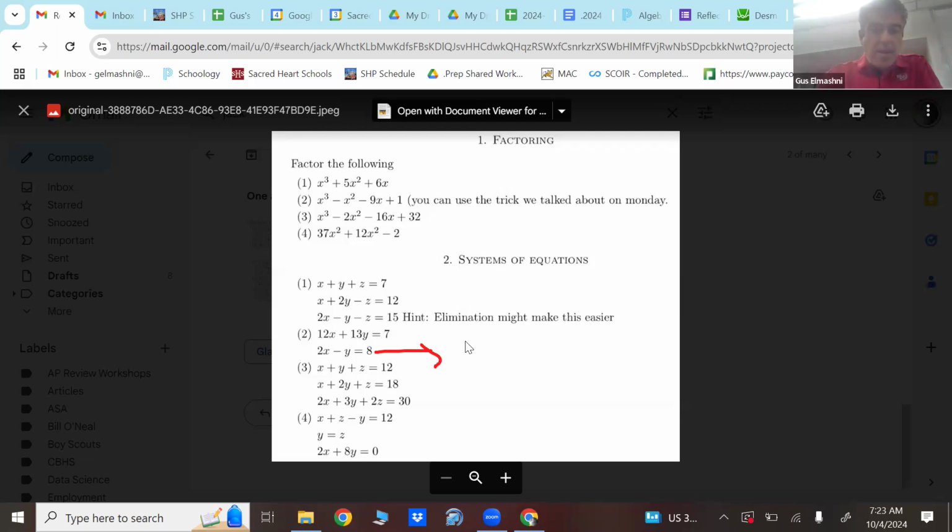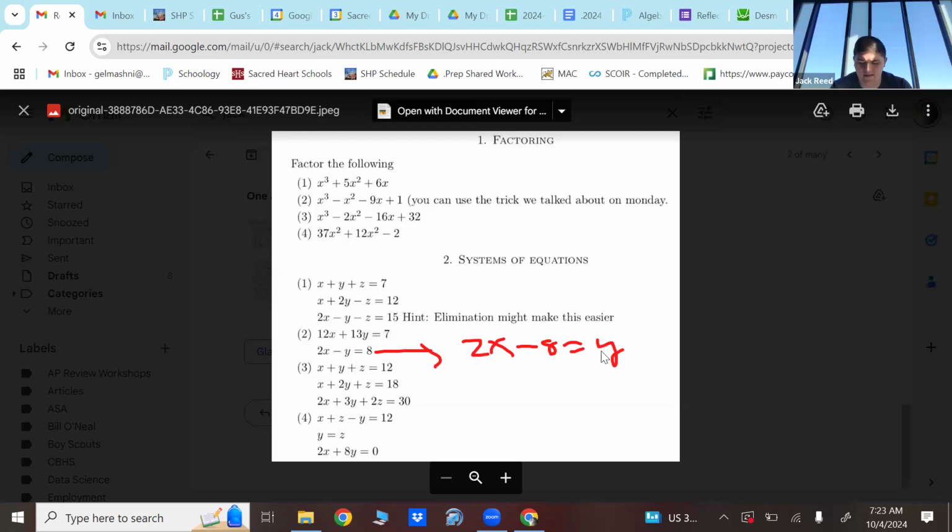So you're doing 2x minus 8 equals y. Yes. Good. What do we do after that? After that, I believe, I don't remember what I did.